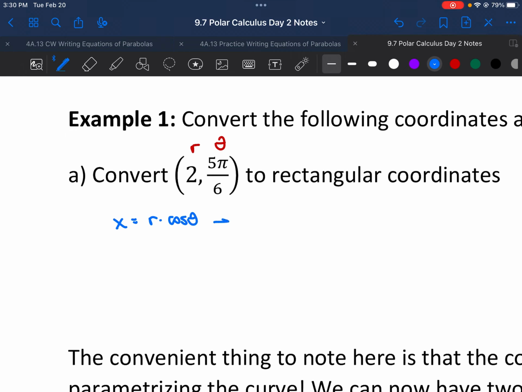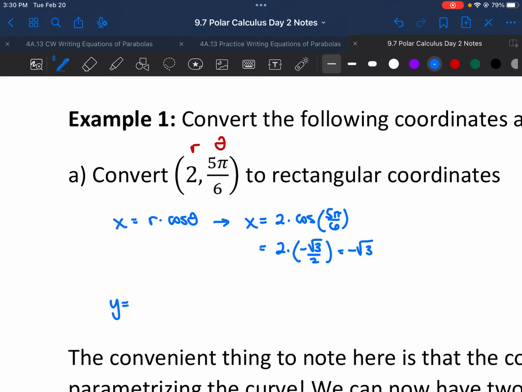So this is going to give us x equals, our r is 2, times the cosine of 5 pi over 6. Well, the cosine of 5 pi over 6 is negative square root 3 over 2. So 2 times negative root 3 over 2, which is negative root 3.